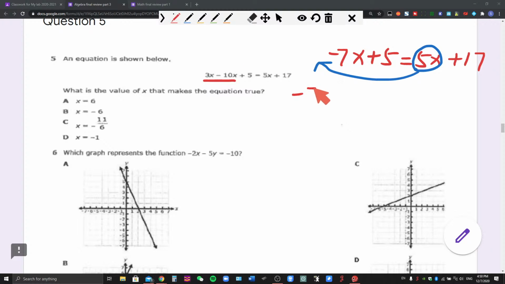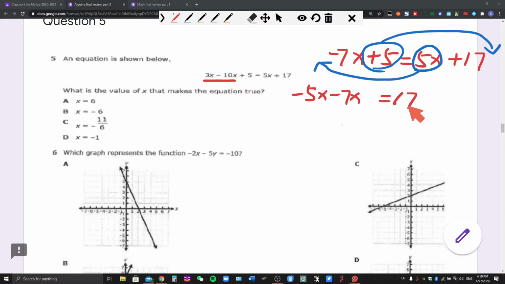So negative 5x subtract 7x equals to this 5. We move it to the other side. This will become 17 subtract 5, because this will become a negative. And then we will have negative 5x subtract 7x. This will be a negative 12x equals 12.